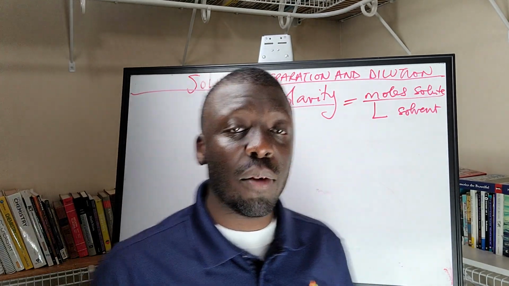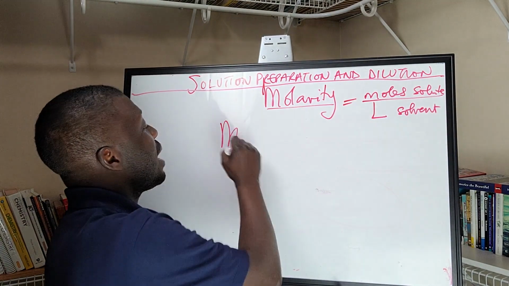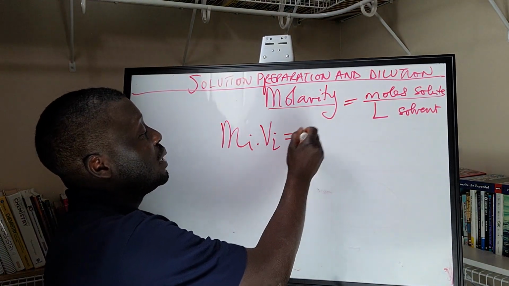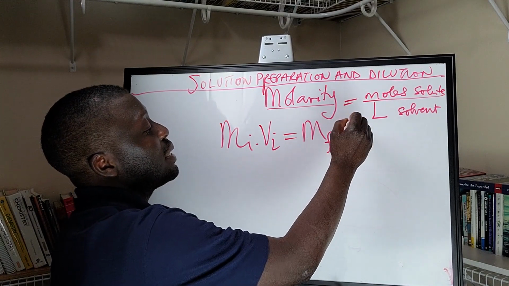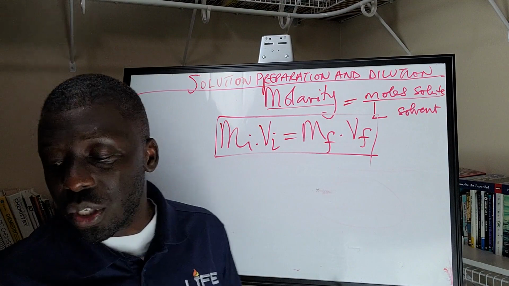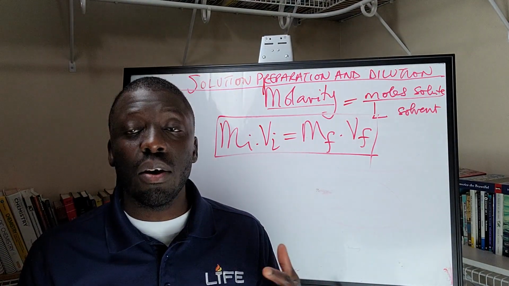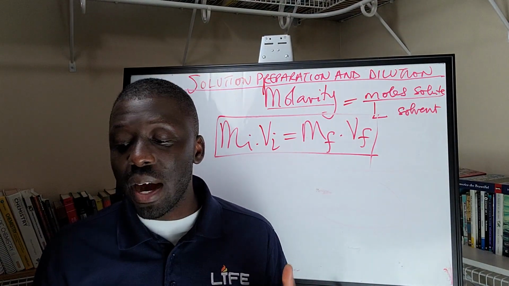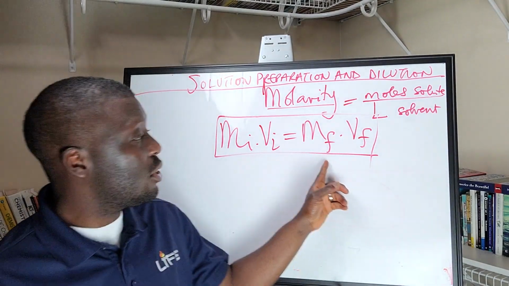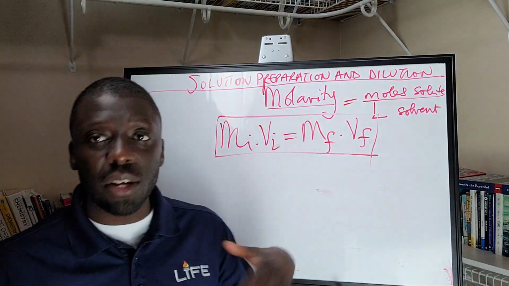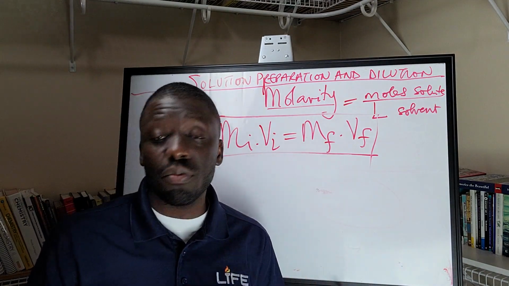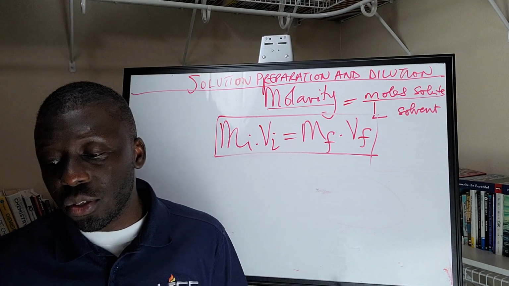The formula we are focusing on is M_i V_i = M_f V_f: the initial molarity times the initial volume is equal to the final molarity times the final volume. You can use it to find any piece of the puzzle. If you're asked to find the final concentration, you just divide both sides by the final volume, and that gives you the final molarity. Let's keep that in mind.